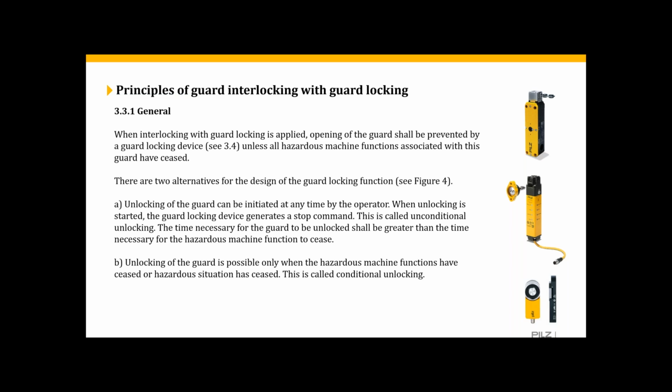When the unlocking is started, the guard locking device generates a stop command. This is called unconditional locking. The time necessary for the guard to be unlocked shall be greater than the time necessary for the hazardous machine functions to cease. And then we have the second, where unlocking of the guard is only possible when the hazardous machine functions have ceased or hazardous situations have ceased. This is called conditional locking or unlocking.